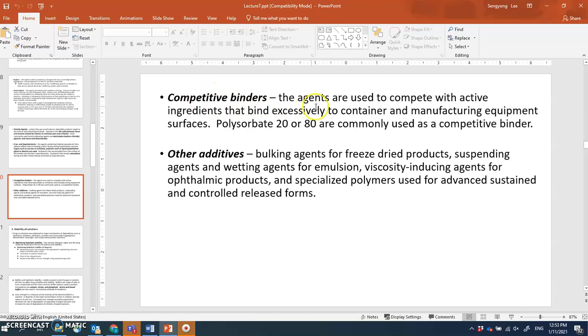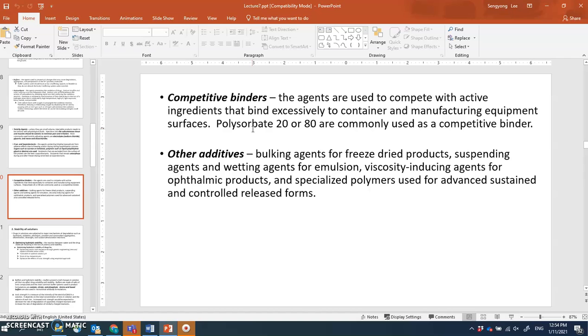By adding competitive binders, agents that compete with the active ingredient for binding to the container, or to manufacturing equipment surfaces like tubing in the filling machine or seals. Examples are polysorbate 20 or polysorbate 80, commonly used as competitors. By themselves they have no pharmaceutical effect when injected, so a little bit of them is normally used as a coating material in the formulation.